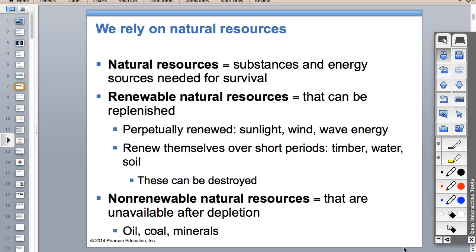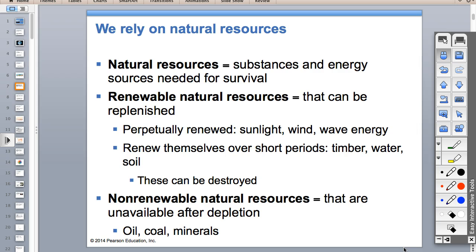So, again, natural resources. This is ecobabble. You don't get to use this word. You don't get to use the word pollution. They don't mean anything. So if you're talking about a resource, you need to be talking about either a renewable resource or a non-renewable resource and be able to back it up. These are what I just told you about: sunlight, wind, wave. Those are perpetually renewed.